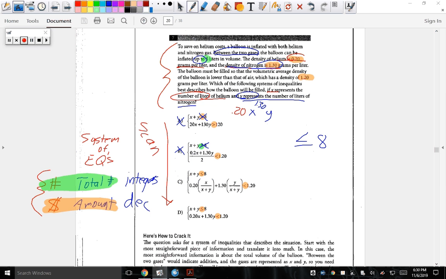So the thing is that right now this looks very, very enticing to use. But the thing is that it has a little bit more to it. It says the balloon must be filled so that the volumetric average density of the balloon is lower than that of the air, which has the density of grams per liter. So basically, which of the following systems of equations best describes how the balloon will be filled? So it's not just saying the grams per each one. This is more so talking about the density.